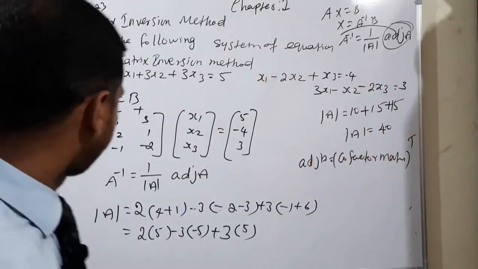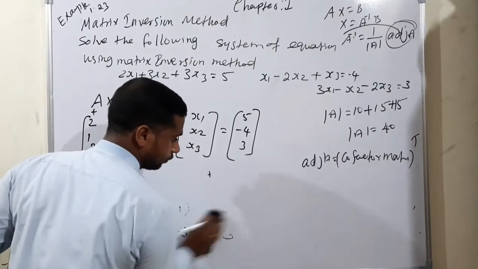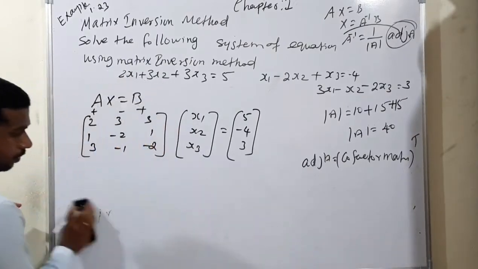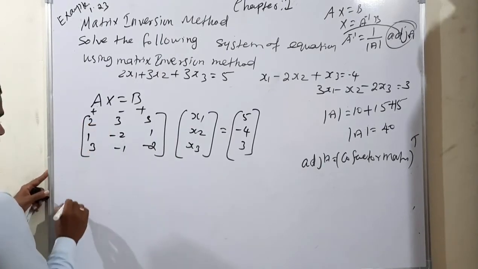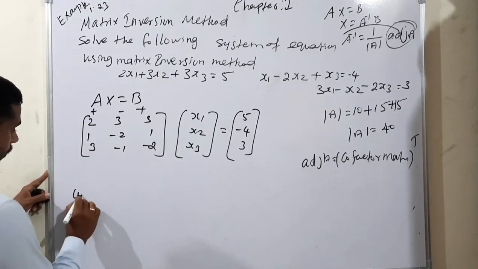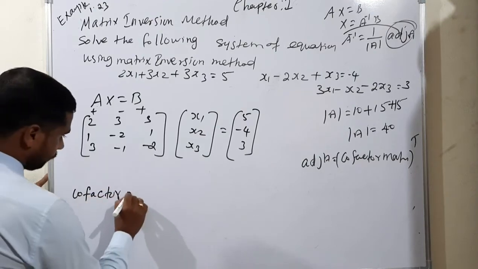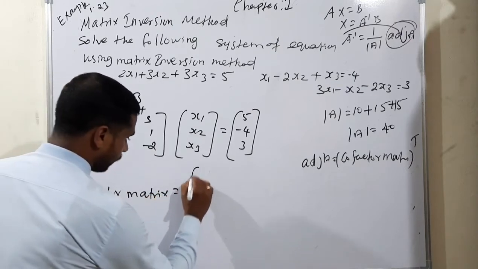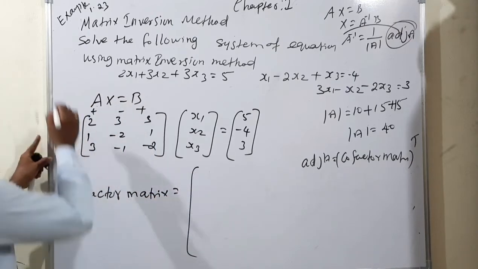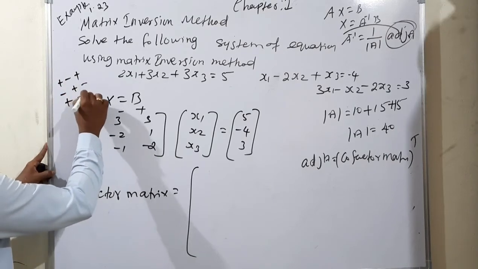So how to arrange the cofactor matrix? Cofactor matrix means signs convention: plus minus plus, again minus plus minus, again plus minus plus.